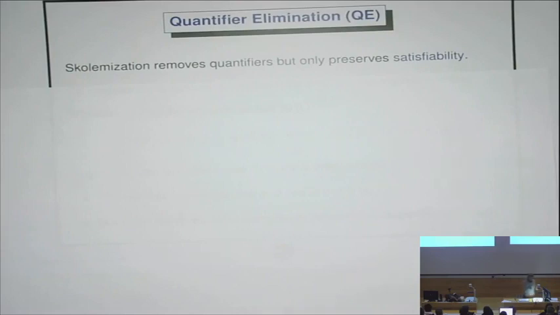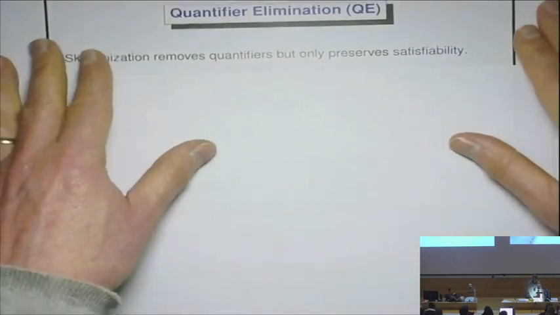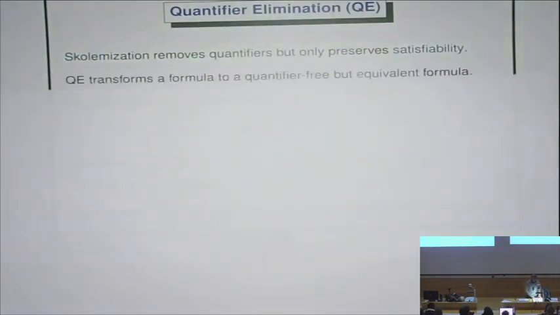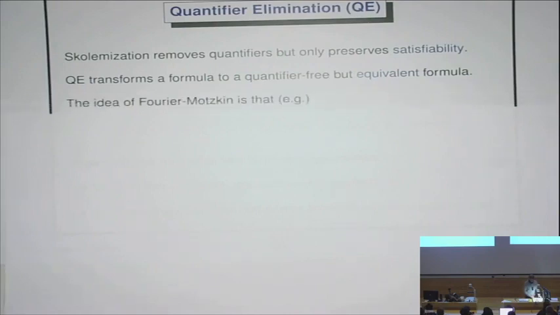Remember then the thing we get, we interpret as universally quantified anyway. Here, quantifier elimination is something much more powerful because instead of merely preserving satisfiability, this time we preserve the exact meaning of the formula. So this can do some really cool things.